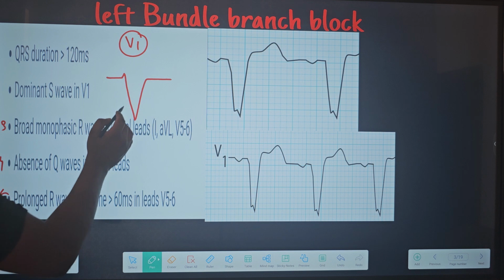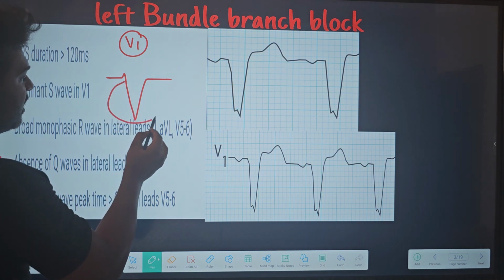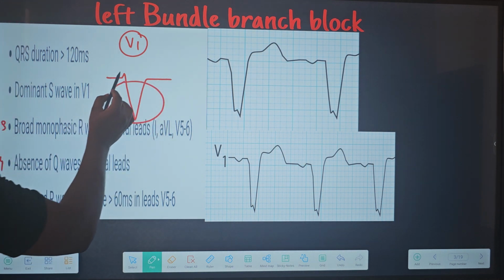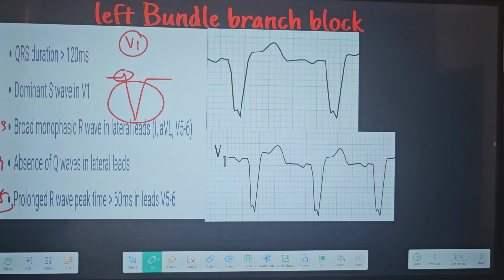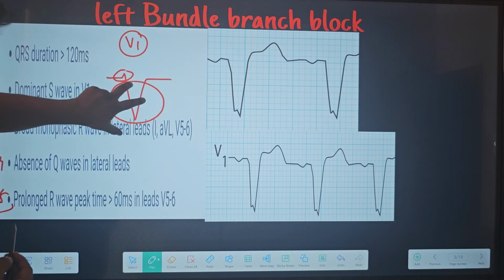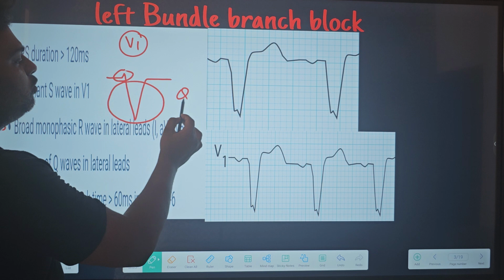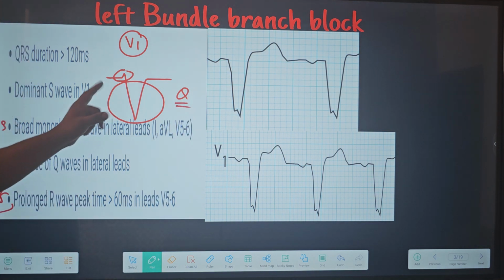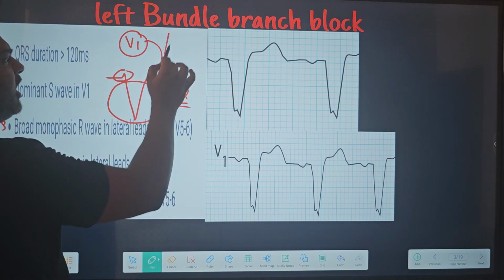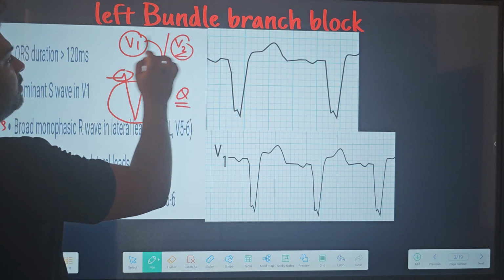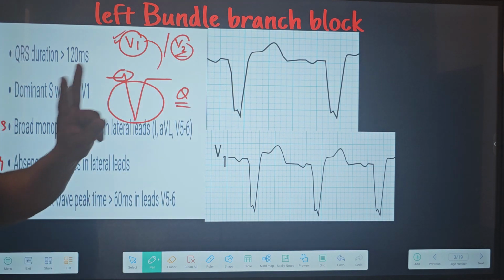So in lead V1 you will see a very large S wave, and the R wave will be so small that you can mistake this S wave for a Q wave. This is present in lead V1 and maybe present in lead V2, but we have to see lead V1.